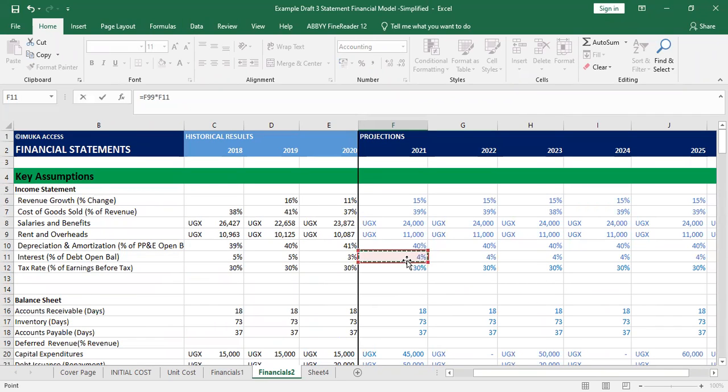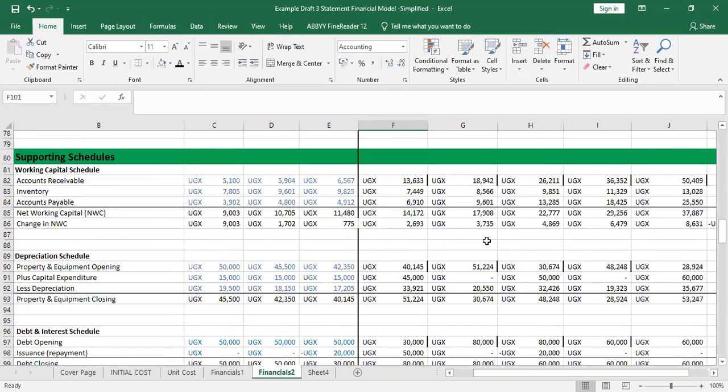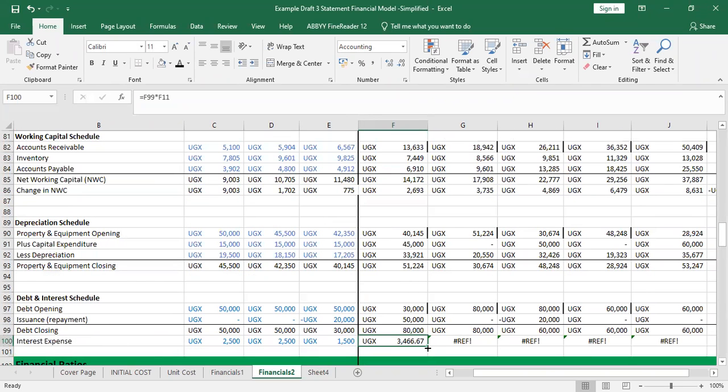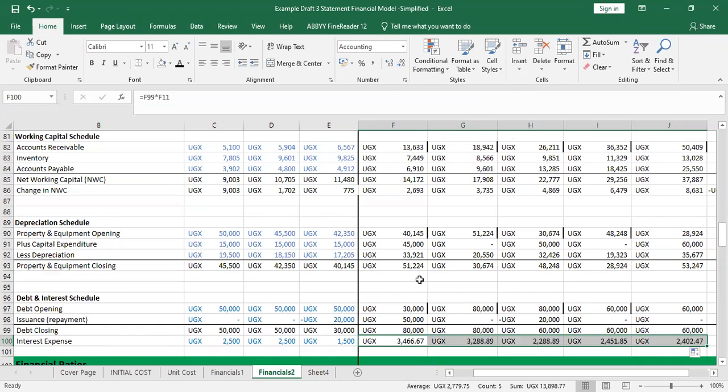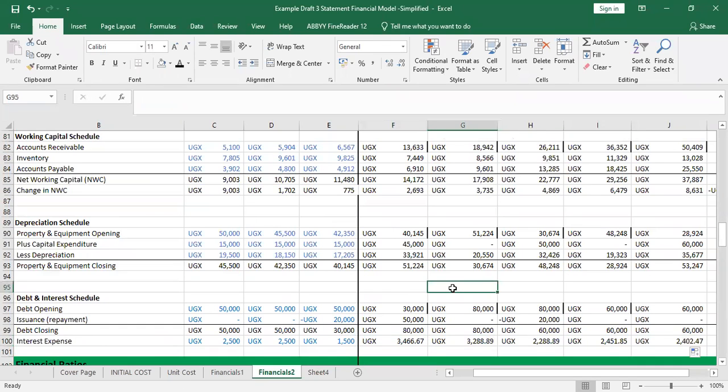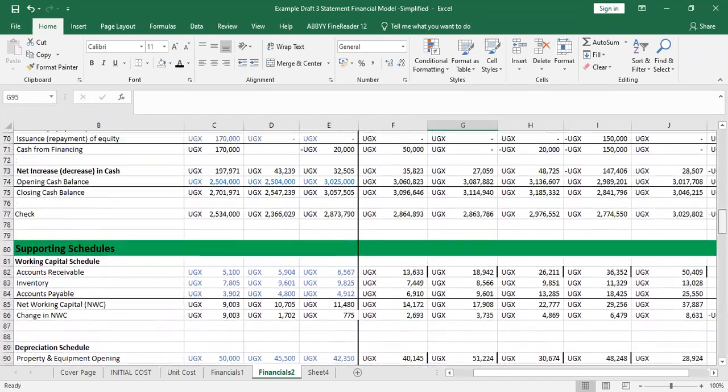The number is already there, okay? So you already have your interest on debt, the interest expense. Now, ladies and gentlemen, this is where the mountain is. But once you finish the mountain, the rest you are just feeding, okay? Now, because we have finished this, the rest is just filling.